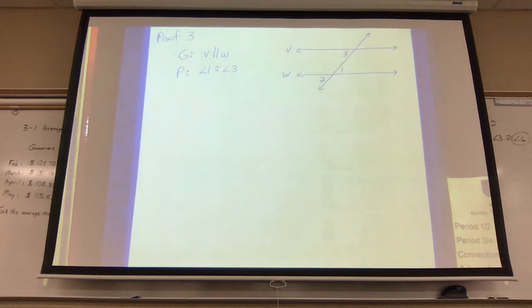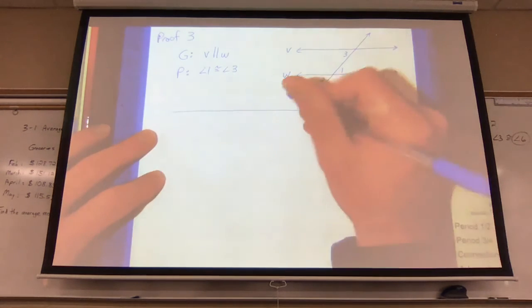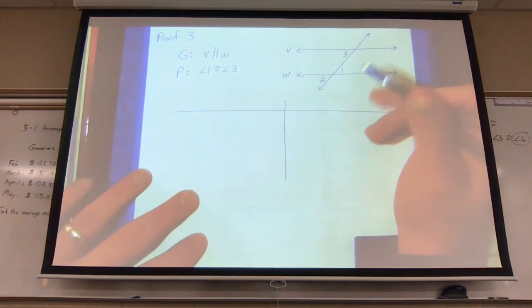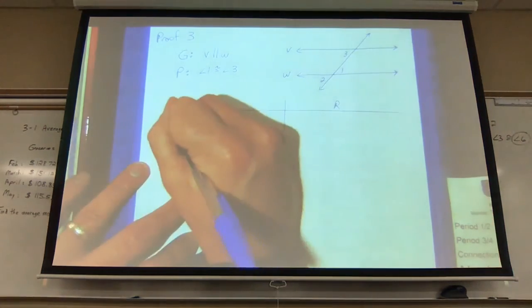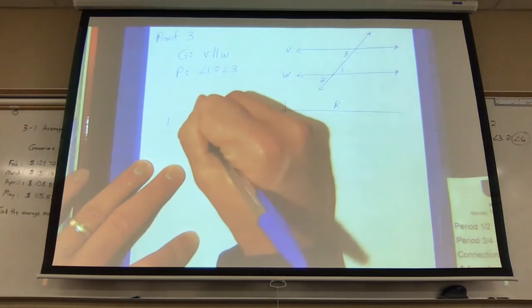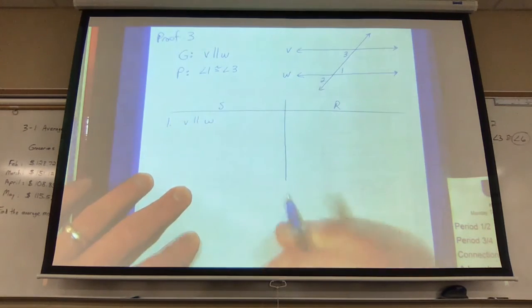And again, they're going to give us 3 angles. But this time, we are going to give you fill in the blank. Statements on the left, reasons on the right. We're going to do this one in 4 steps.